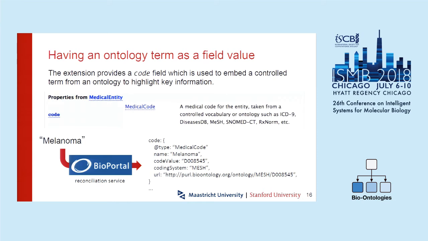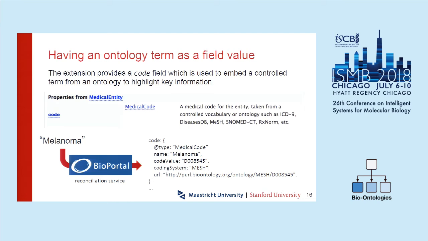I want to go into this one because it's the most interesting, in my opinion. In schema.org, especially in extensions, you can have ontology terms as a data field value. The extension here introduces so-called code properties, where you can add an ontology term about your content.